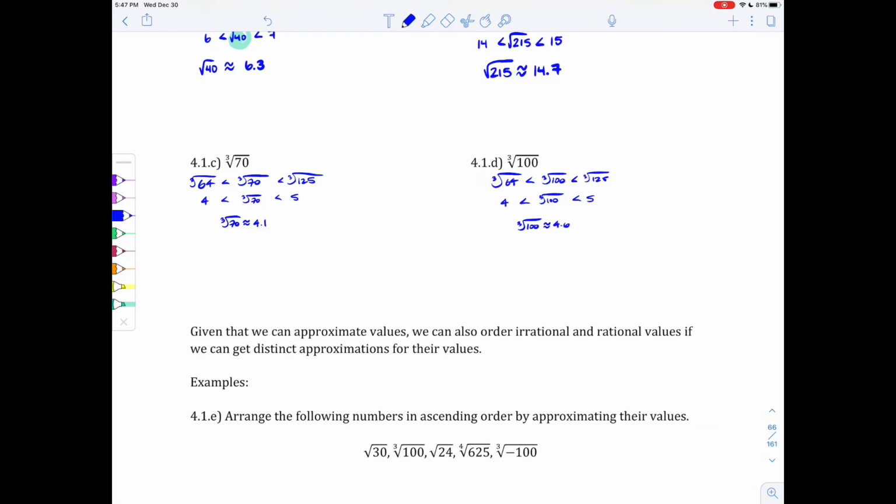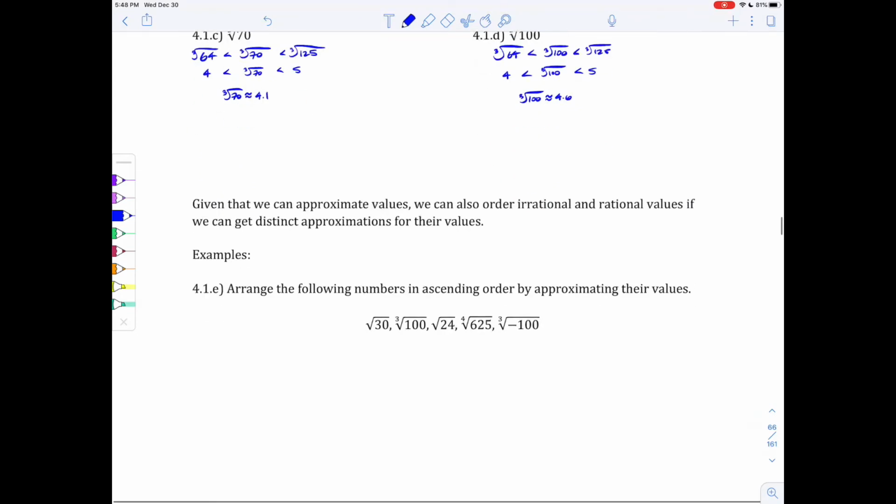All right, so we've just looked at these past 4 examples and realized we can actually figure out their approximate values. And if we can figure out these approximate values, that means we can put a bunch of irrational and rational values, or a bunch of radicals, in appropriate order, either ascending or descending as necessary.